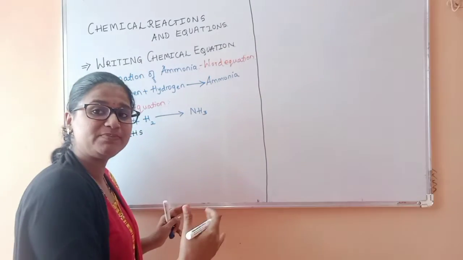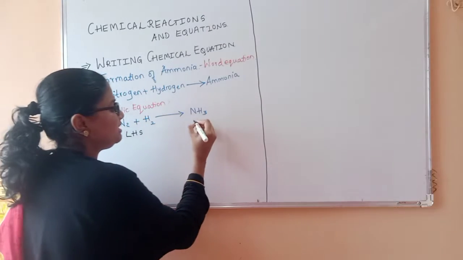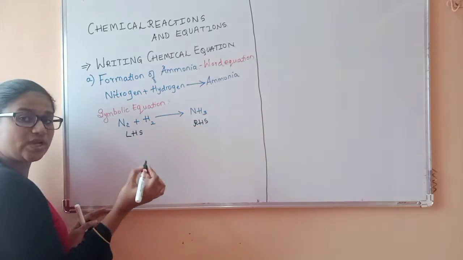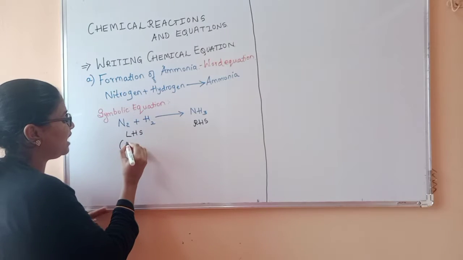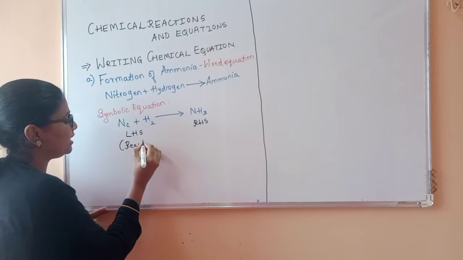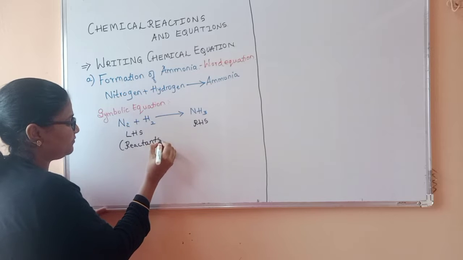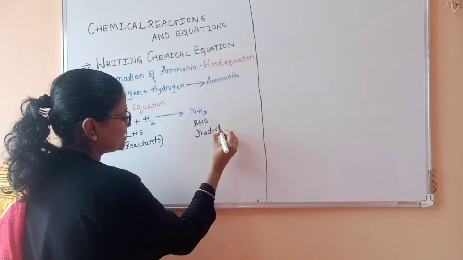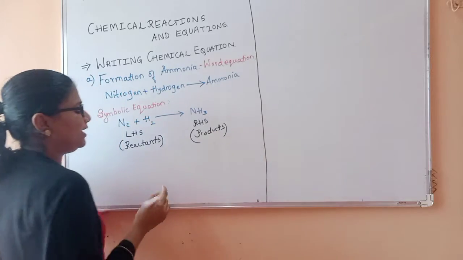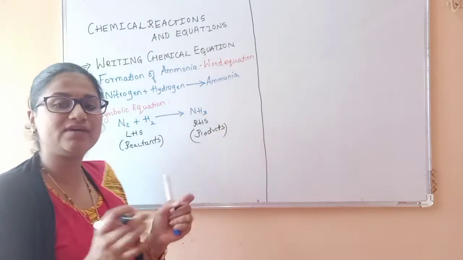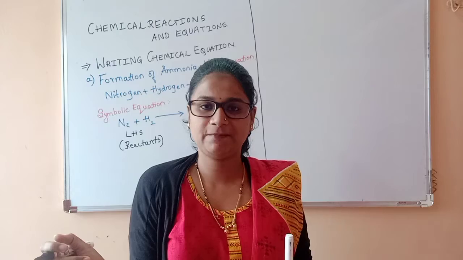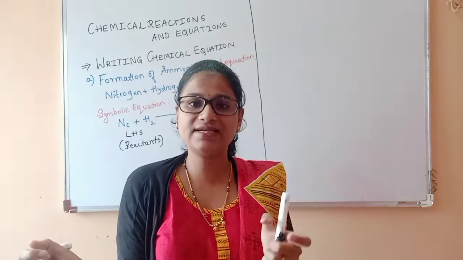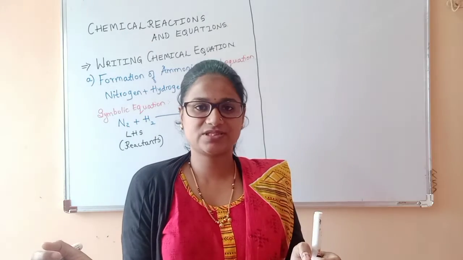But the new substance which is formed should be written on the RHS. So we write reactants on the LHS and products on the RHS. The arrow mark indicates the formation of the products, and it is also used to write certain conditions.